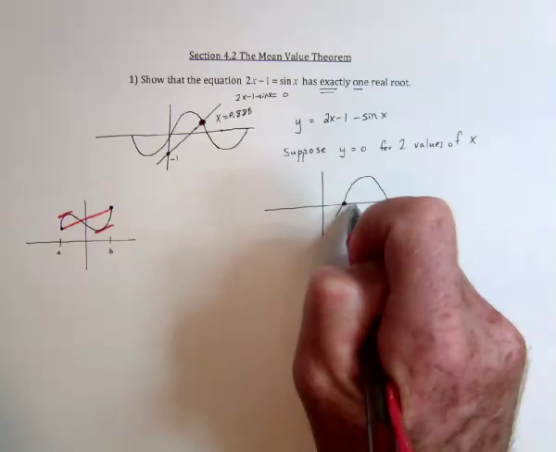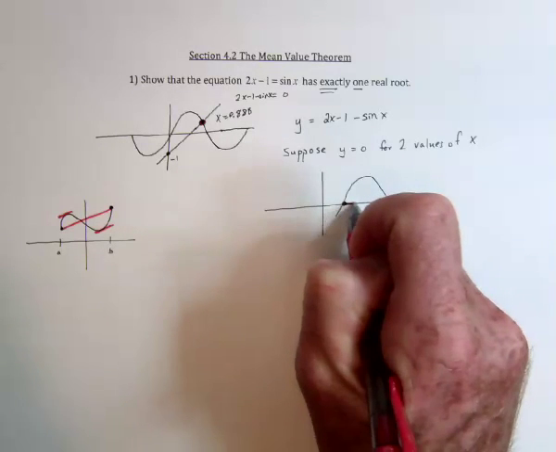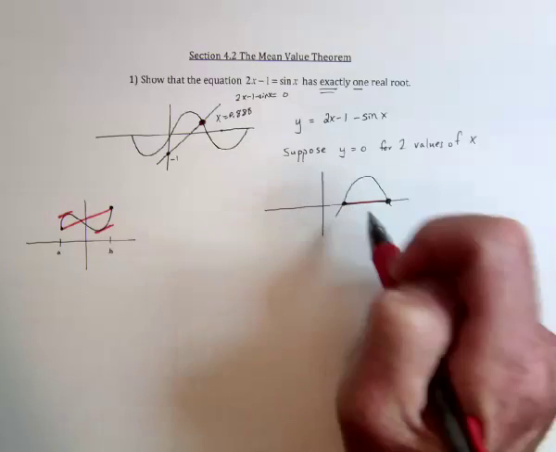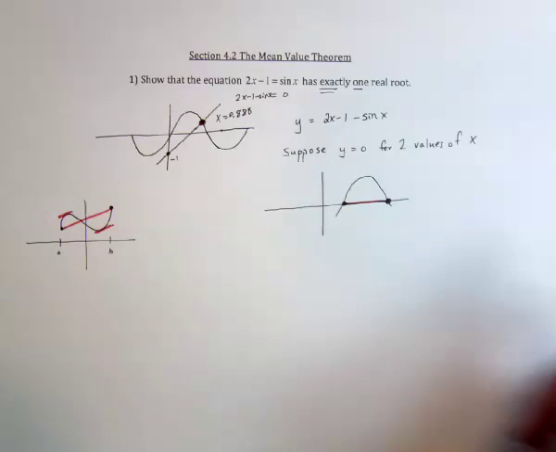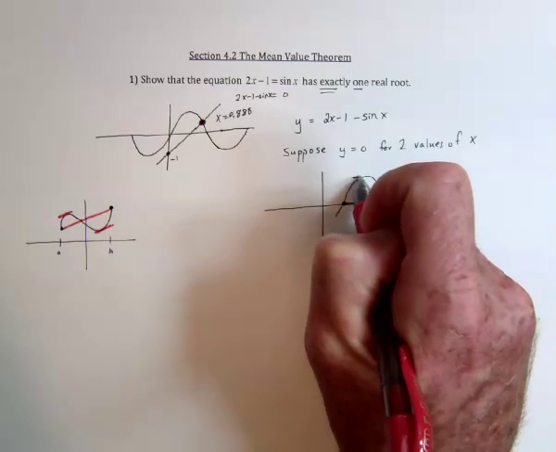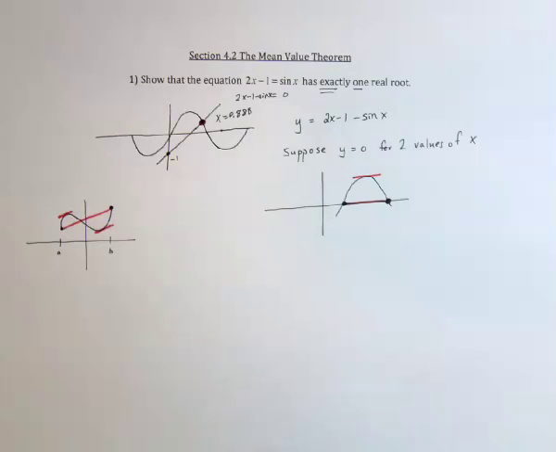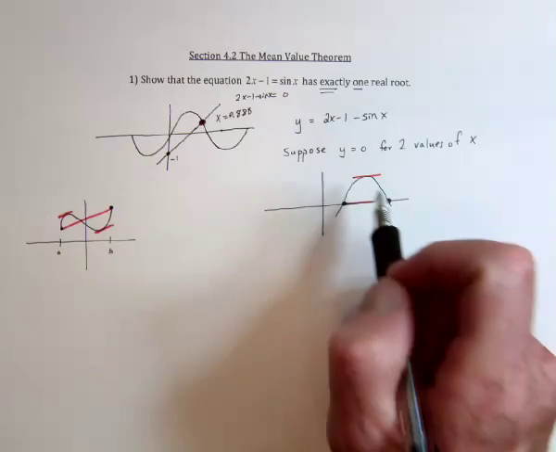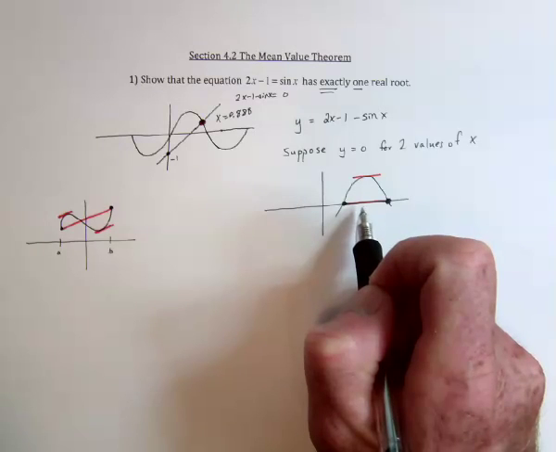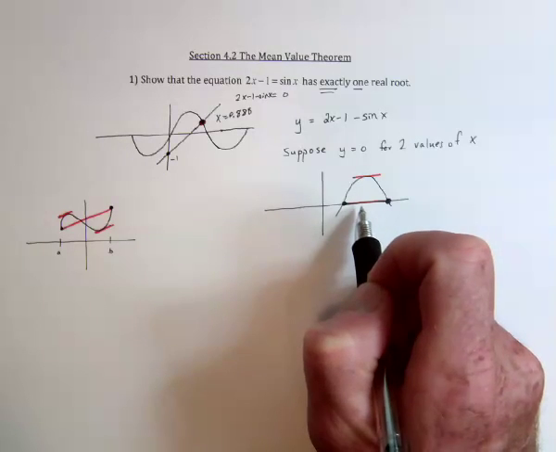So in our case, this special case, going between the two points, the slope is equal to 0. That's a horizontal line. Which means that there's going to be some other place where it's got a horizontal tangent line, or in other words, the slope is equal to 0.